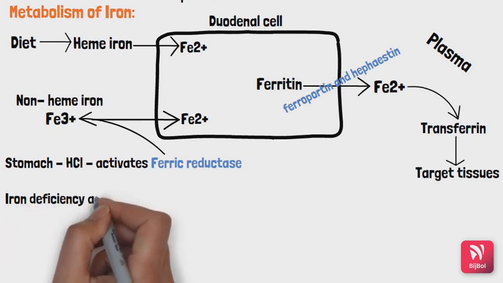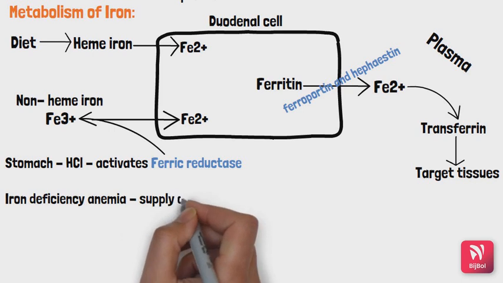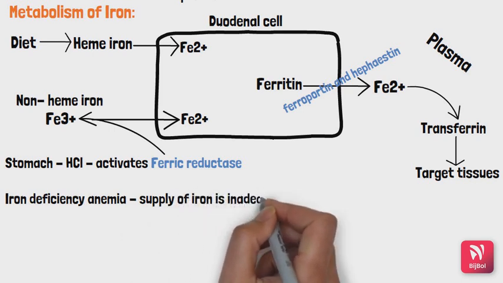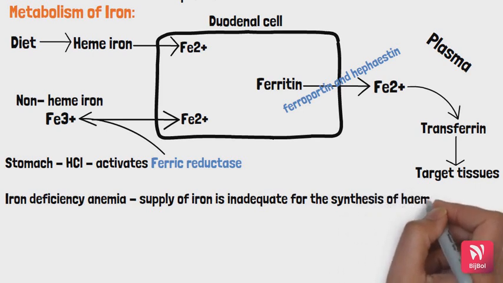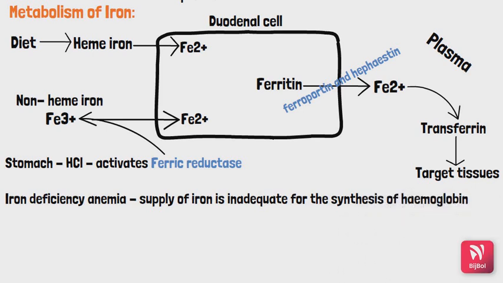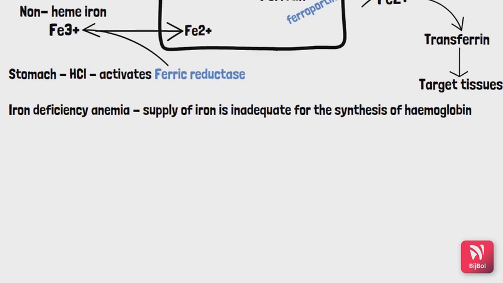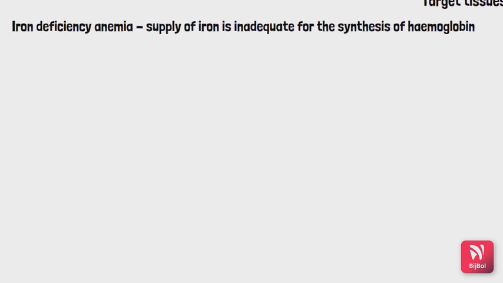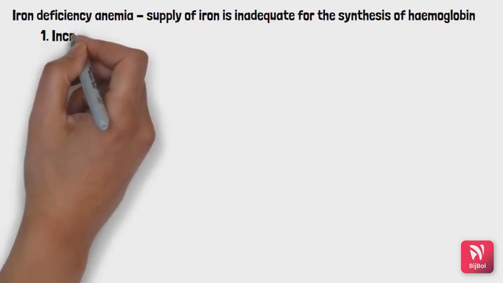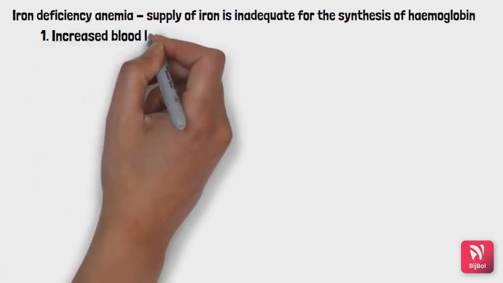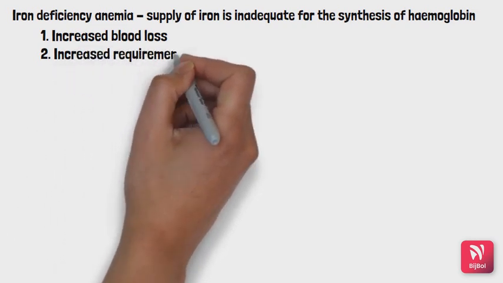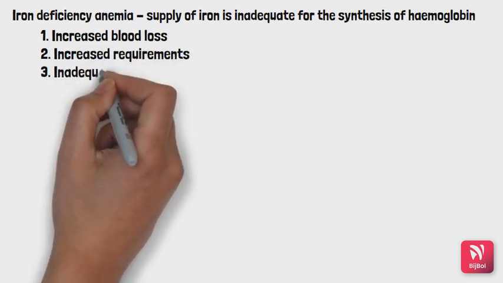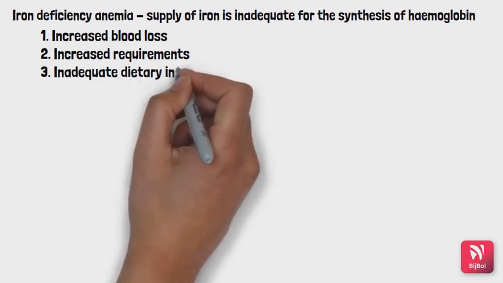So in iron deficiency anemia, what happens is that this supply of iron is inadequate for the synthesis of hemoglobin. As we have discussed the metabolism of iron, from diet to target tissues, anywhere if there is a decreased supply of iron, that can result in iron deficiency anemia. How can it happen? First one is loss from the body, increased blood loss. Then increased requirements or increased demand.